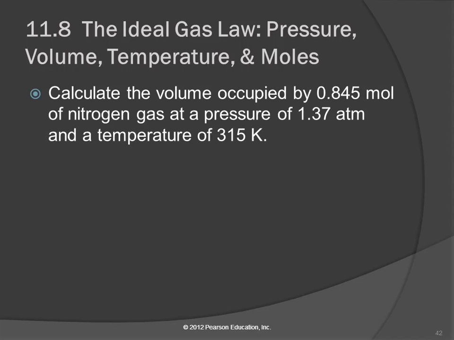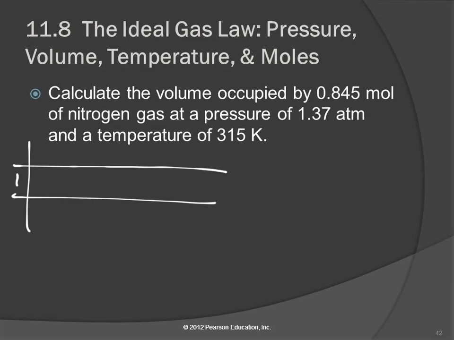So how do we use the ideal gas law? Let's do a problem to illustrate that. Calculate the volume occupied by 0.845 moles of nitrogen gas at a pressure of 1.37 atmospheres and a temperature of 315 Kelvin. We read through the problem. What is the next step that we've been doing? Making a table. So let's do that again. 0.845 moles.